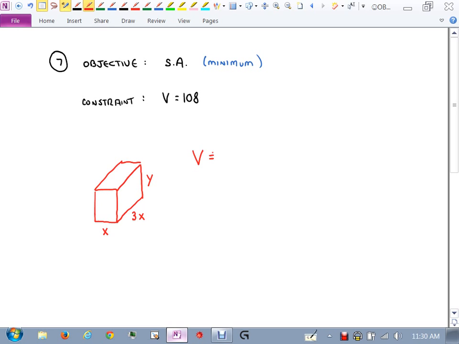Okay, that would be assumed that you were okay with that formula. But for us, that's what? X times 3x times y, which I'll just write as 3x squared y. Is that all right? But what must that be equal to? The volume in this problem has to be 108, right? This has to be 108.